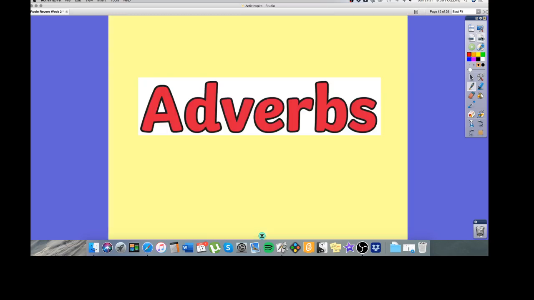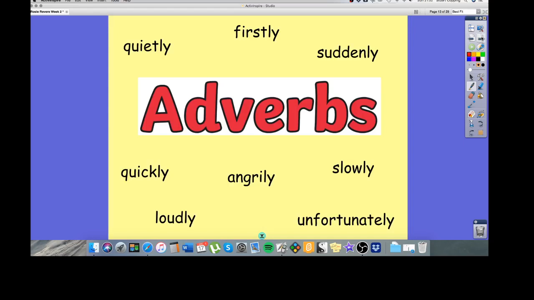Okay. So, adverbs then. Here are some examples. We've got quietly, firstly, suddenly, quickly, loudly, angrily, slowly, and unfortunately. Now, just like quietly and quickly, which we had before for the fox and for Jack, we've got all these other ones as well.